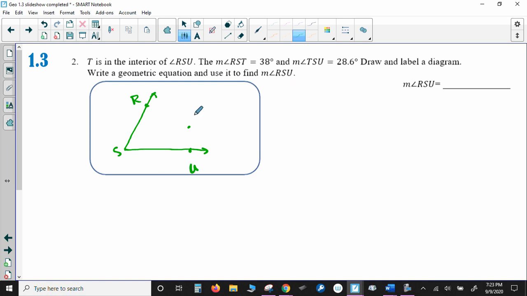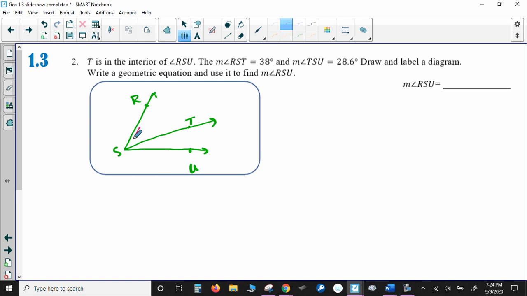So T is in the interior, and it starts talking about angle RST. I'm so tired. I'm so sorry. It talks about angle RST. So it looks like I need to connect this, make this a ray, and call that T. Okay, it says that RST is 38 degrees.